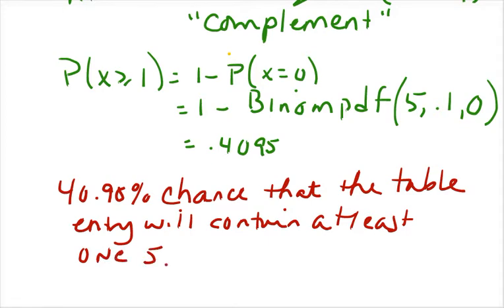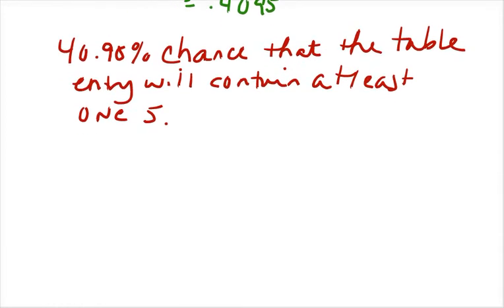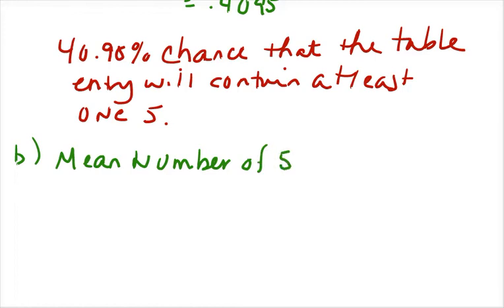Part B asks a different question. B is asking what's the mean number of 5s in lines that are 40 digits long.